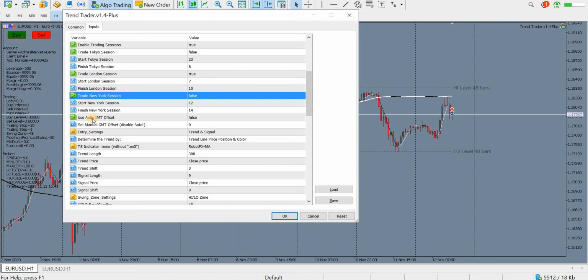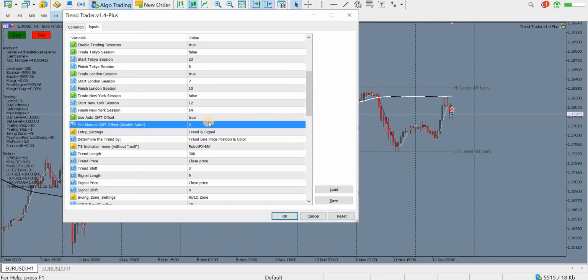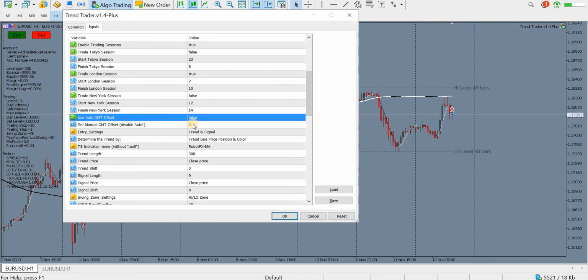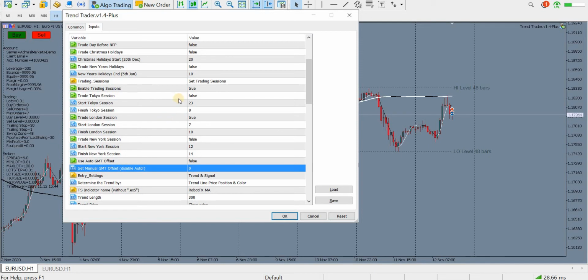And you want to have the auto GMT offset set to true, and everything will be done automatically. But if you are testing this in the strategy tester, you have to set it to false and enter the difference right here in hours. It can be either a positive or negative number.